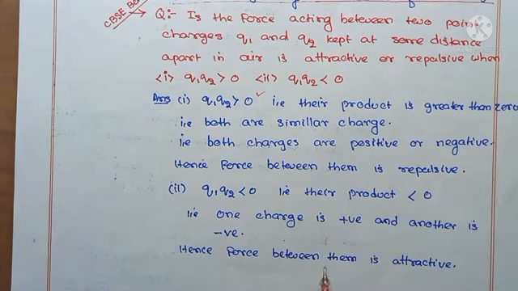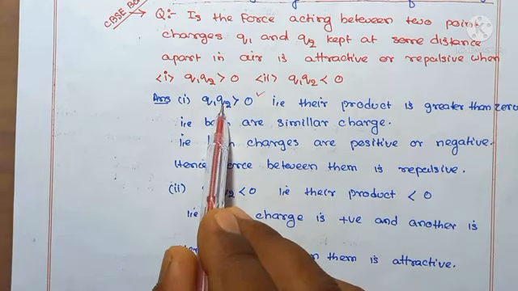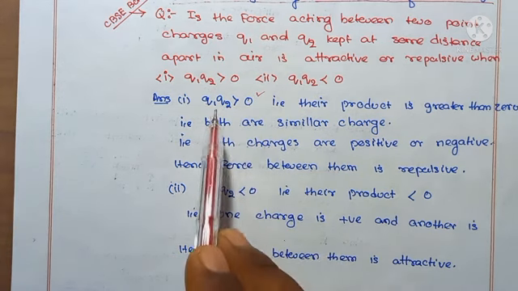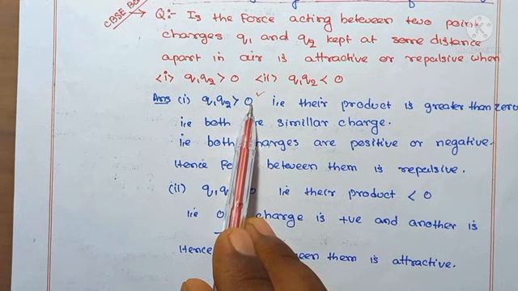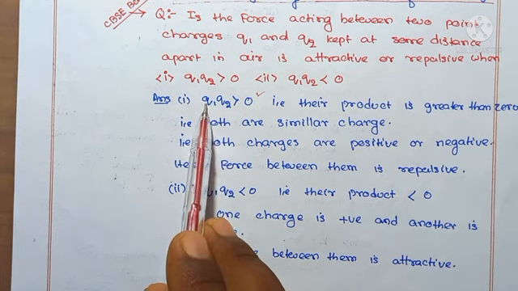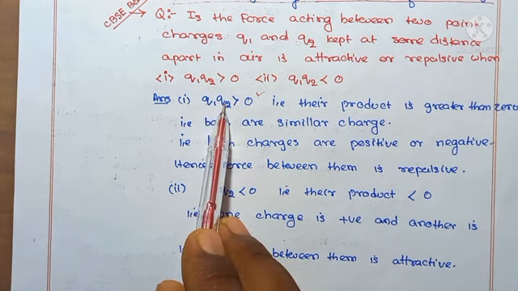That means the product of the two charges is greater than 0. So when the product of the two charges is greater than 0, both are similar charges. When this is positive, this will also be positive, so their product is positive.